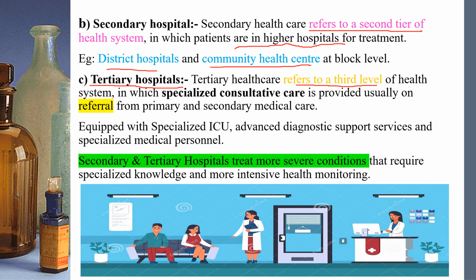Whenever a patient visits a hospital, the patient is generally advised to shift to another hospital if they do not have those facilities. So if the person visits a simple hospital in his village, that will be a primary. Then he comes to a town, that will be a secondary, and then he moves to a bigger city for his treatment, that is tertiary.